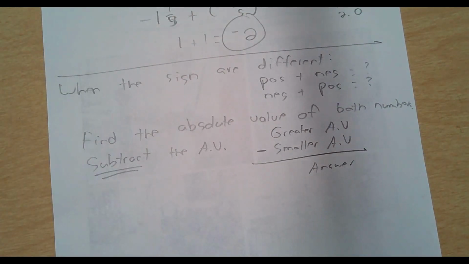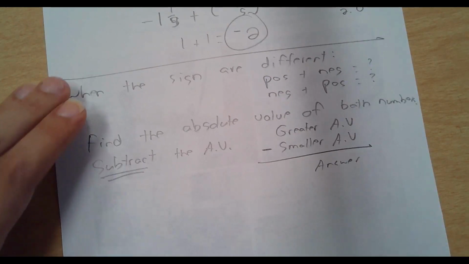Okay. So at this point here, we're not really having any consideration to my final answer being positive or negative. But we'll take the greater absolute value, we'll subtract the smaller absolute value, we'll end up with a positive number at this point here.